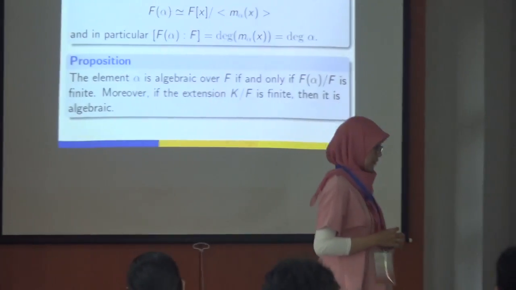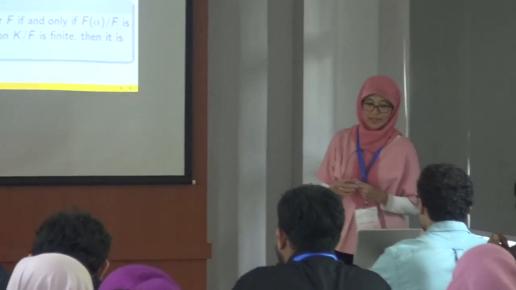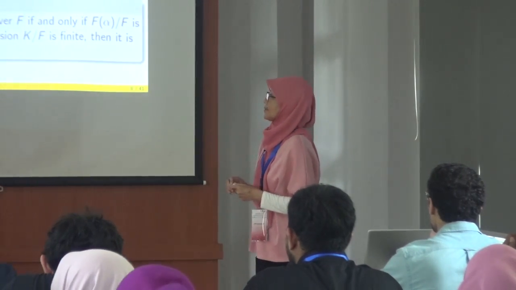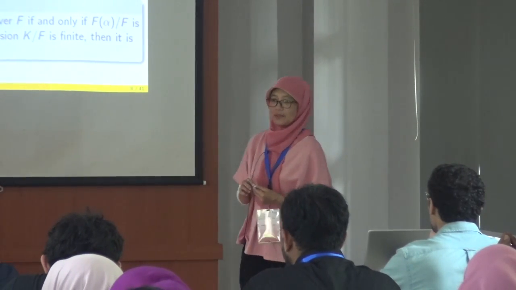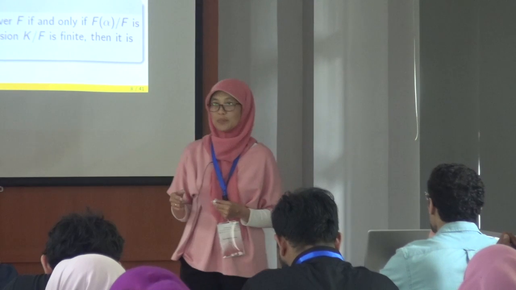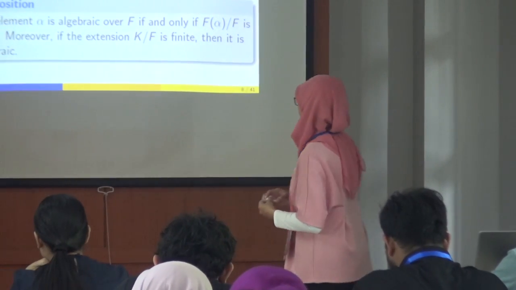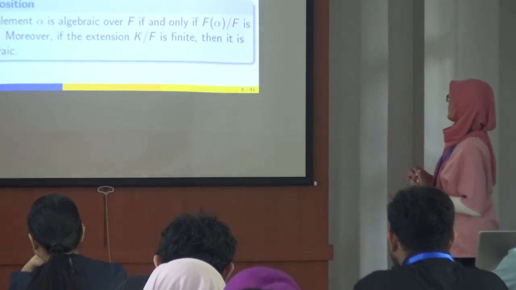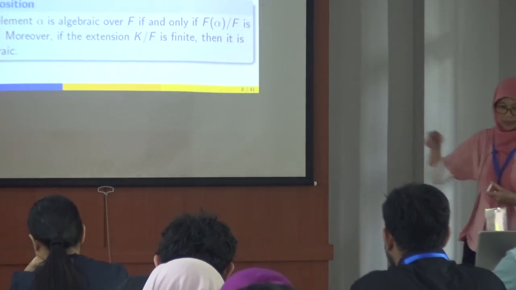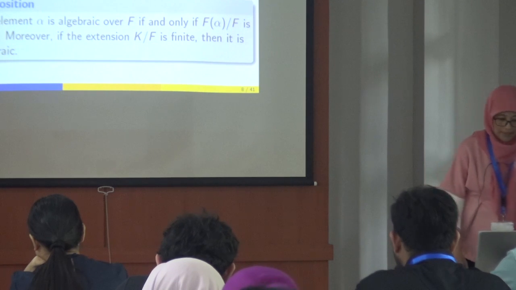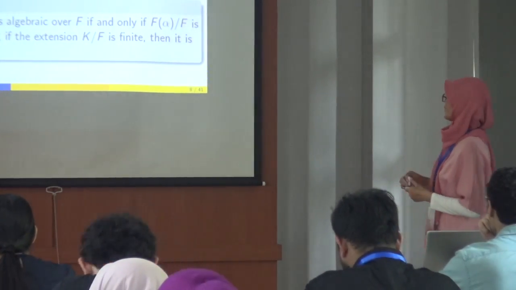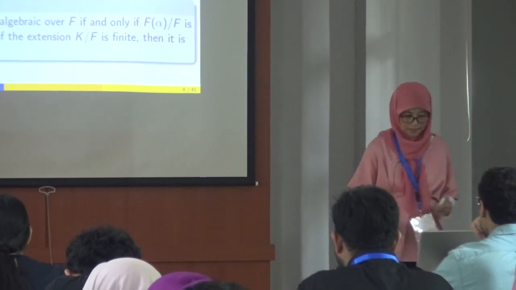So if you have the polynomial ring F[x], you factor by the ideal generated by p(x), where p(x) is irreducible, then it will be a field, and we denote it by F(alpha). This is the field generated by alpha over F. It is isomorphic, and in particular, the dimension is equal to the degree of alpha.